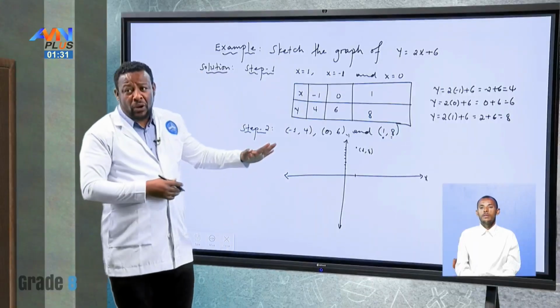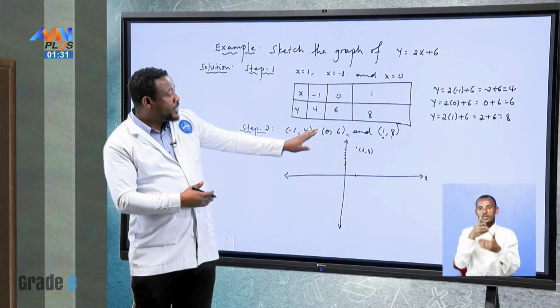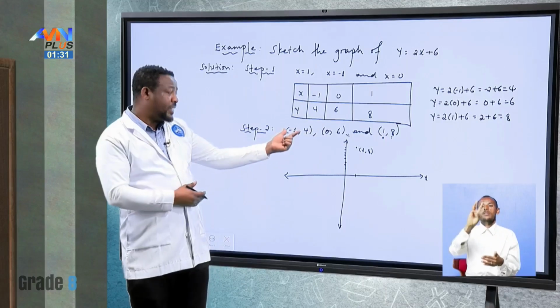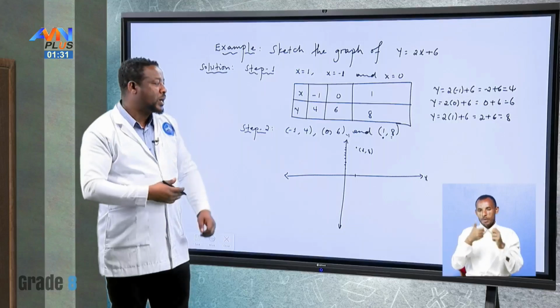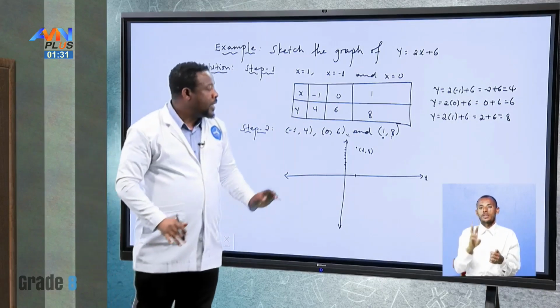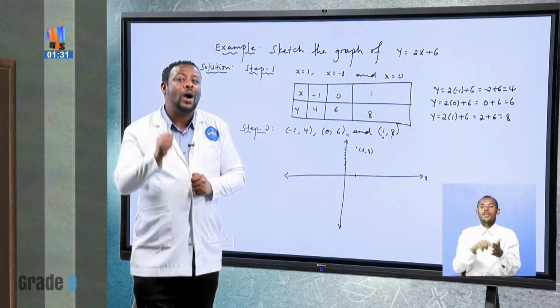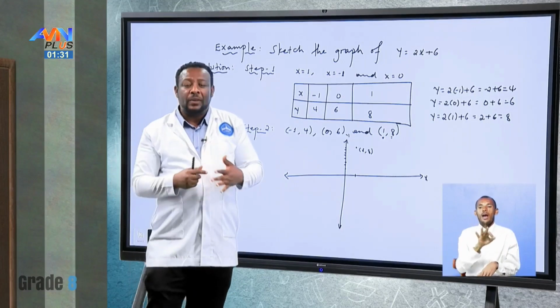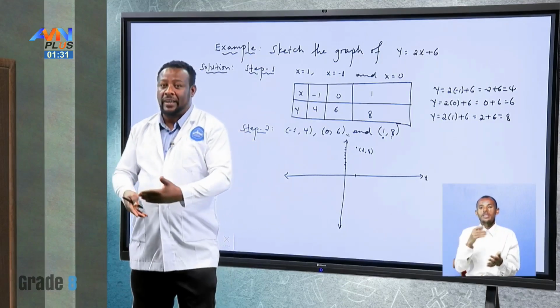The other point that we have obtained in the first step is (0, 6). You can take this one and go this way; no problem in which order you take them. (0, 6) is a point on the y-axis. We have seen what the points on each of the axes look like.